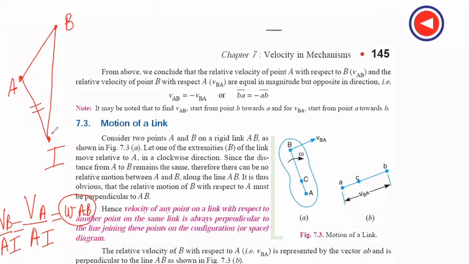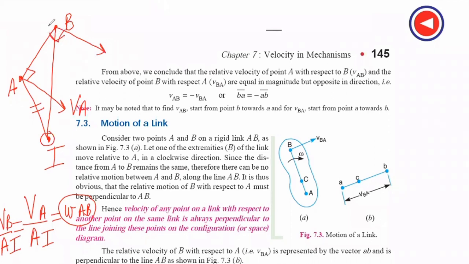Our main motto is to find out the I-center. If we know the I-center, then I can find the linear velocity also. The linear velocity component is perpendicular to the link, and the velocity of the point A is also VA perpendicular to the link.